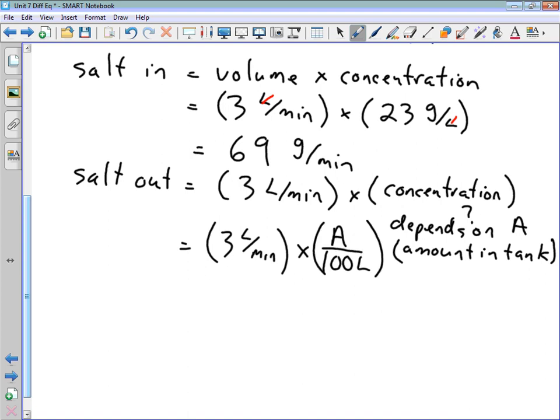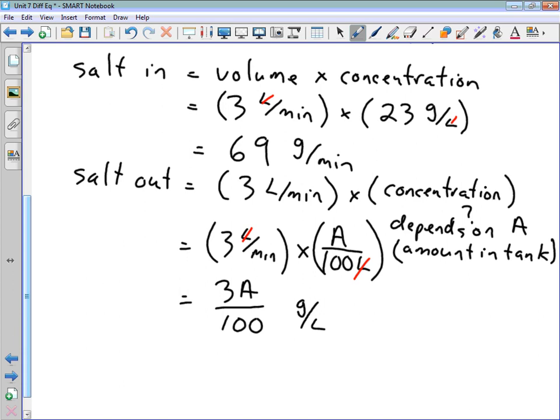So we can express that concentration as A divided by 100. So when we multiply this to get the rate at which the salt is flowing out, we're going to get 3A divided by 100. And again, our liters are going to cancel out, and that's going to give us grams per minute because the amount of salt is measured in grams.